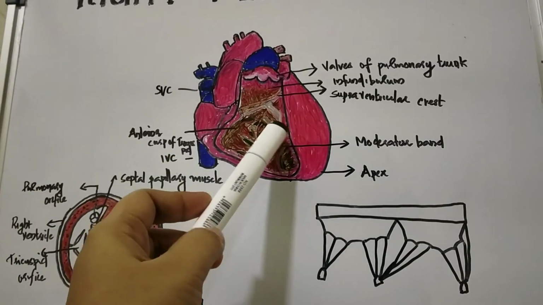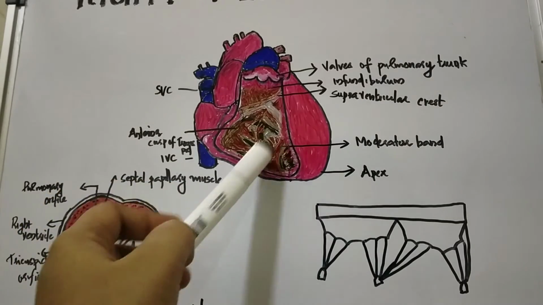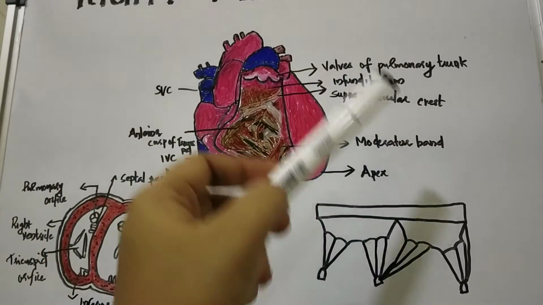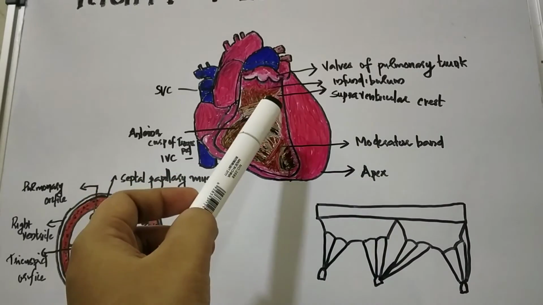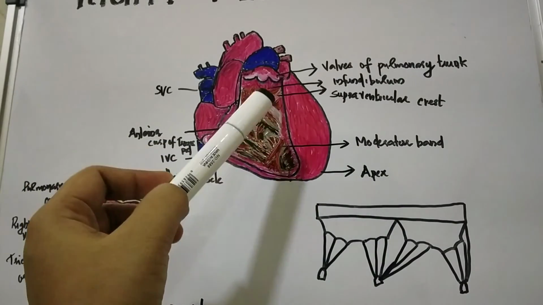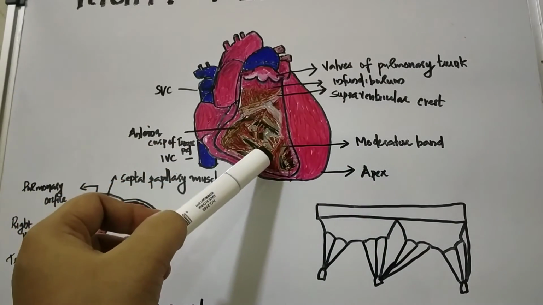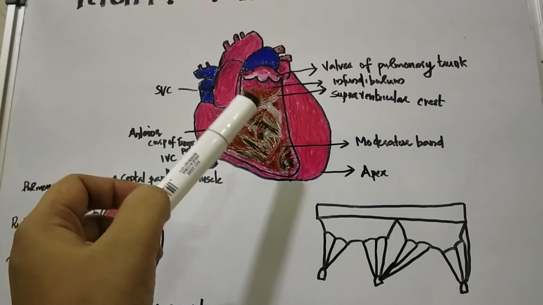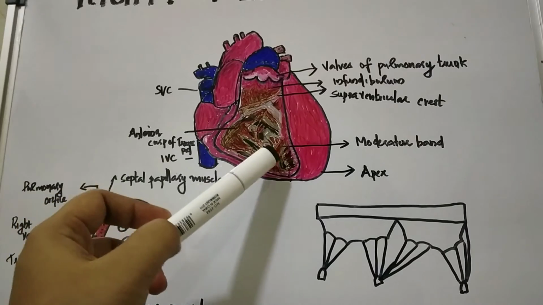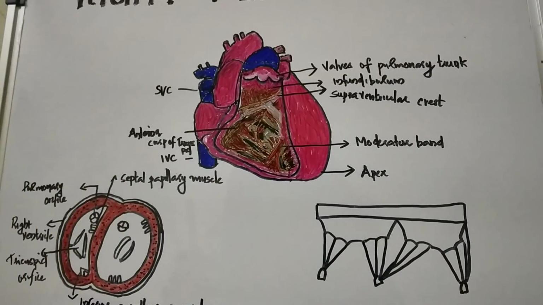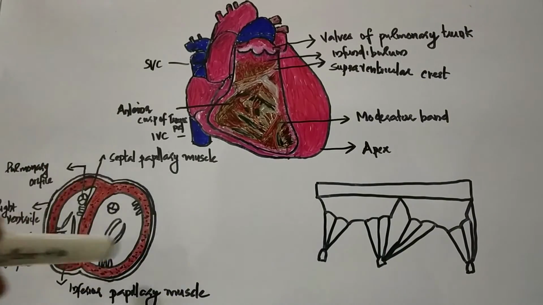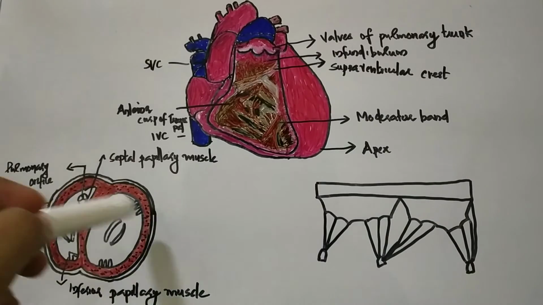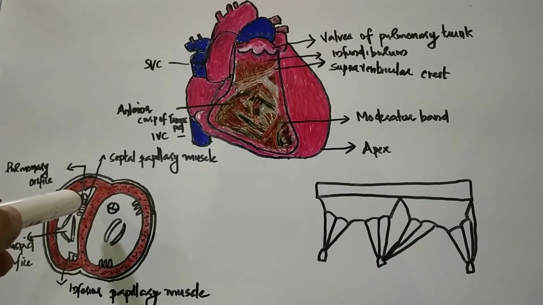And the septomarginal trabeculae, also called the moderator band, is an example of a muscular ridge which extends from the ventricular septum to the base of the anterior papillary muscle, and it contains the AV bundles.